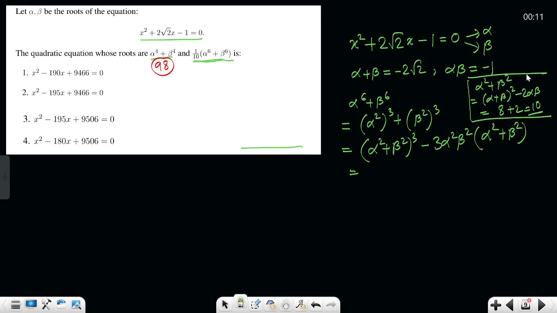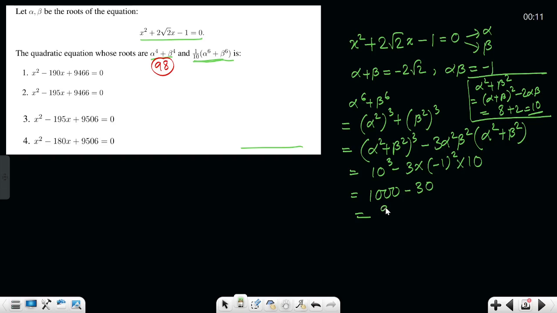So this will be 10 cube minus 3 into alpha beta whole square, which is again minus 1 whole square, into 10, right? So this is 1000 minus, now this is 1, so this is 30. Clear? So if you calculate this, we will get what?